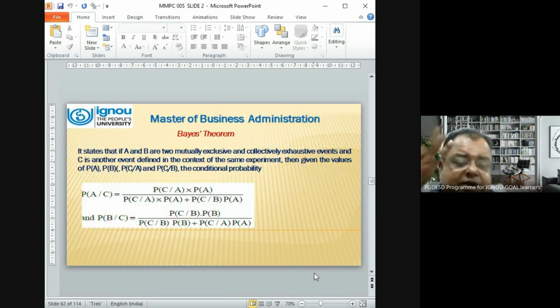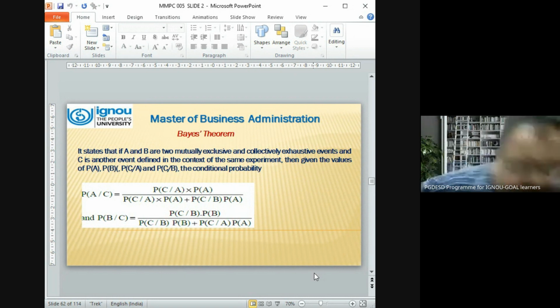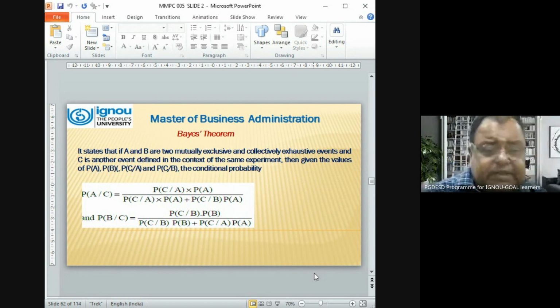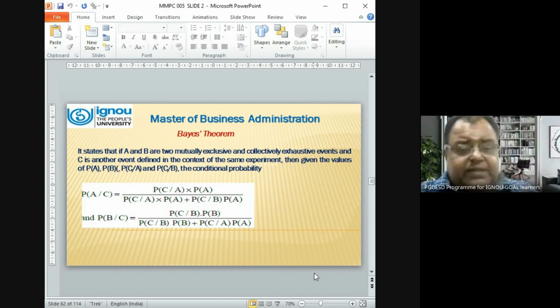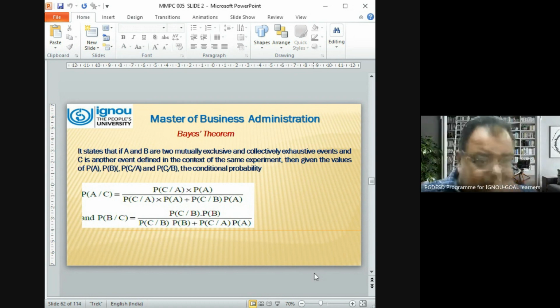Mathematically, the theorem is written in this form. It states that if A and B are two mutually exclusive and collectively exhaustive events, and C is another event defined in the context of the same experiment, then given the values of P(A), P(B), P(C|A), and P(C|B), we find the conditional probability P(A|C). See the difference?